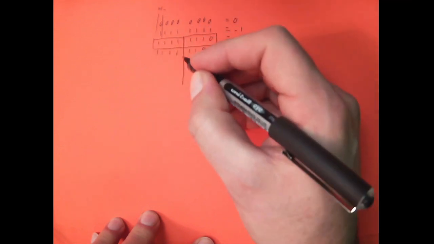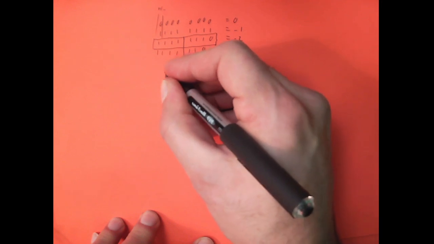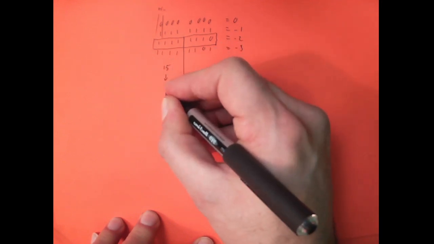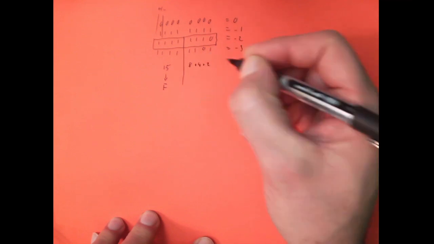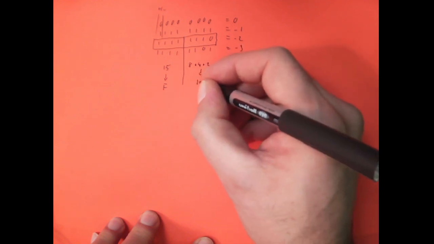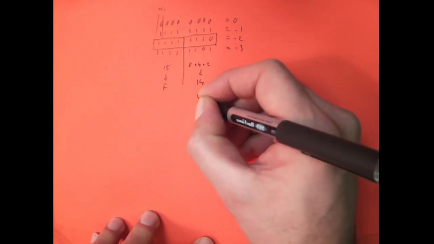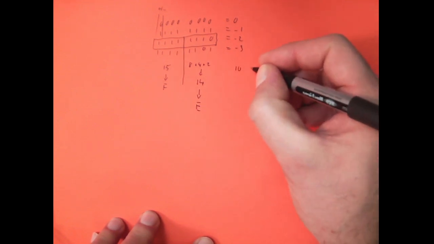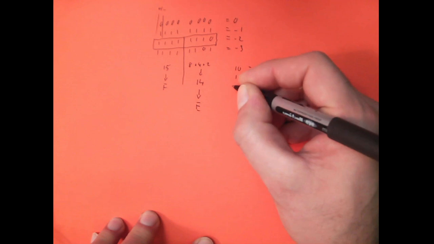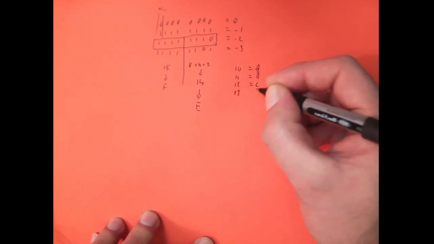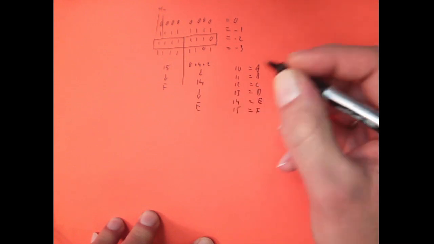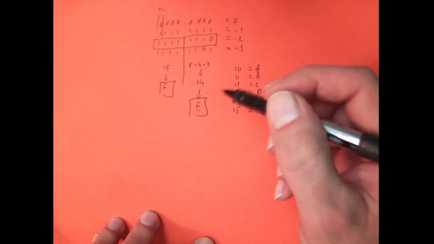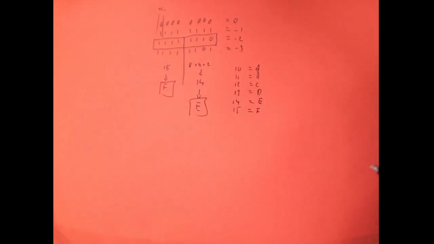We take a look onto here. In this case we have 15, which is F, and in this case we have 8 plus 4 plus 2, which is 14, and 14 is E. Remember, 10 is A, 11 is B, 12 is C, 13 is D, 14 is E, and 15 is F. So in the 2's complement with a sign bit, we have FE as result.